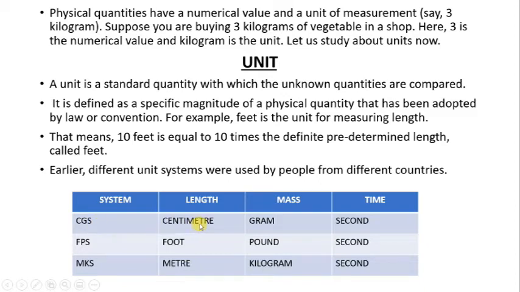CGS system is nothing but length is measured in centimeter, mass in gram, time in second. FPS system, length is measured in foot, mass in pound, time in second. In MKS system, length is measured in meter.